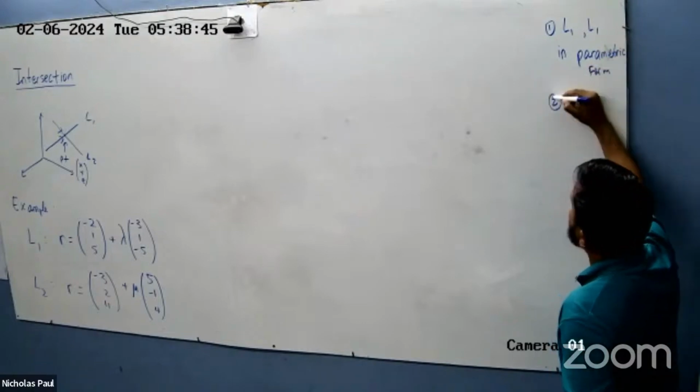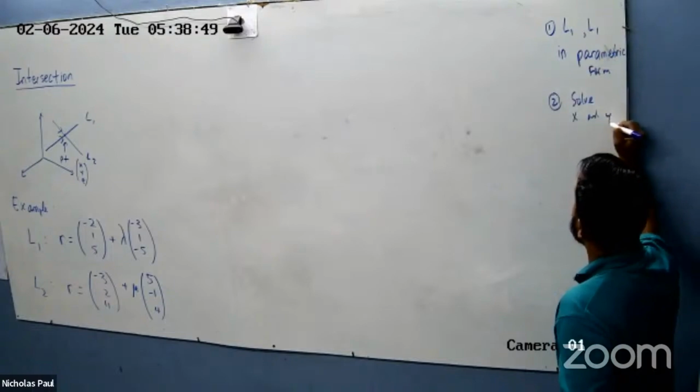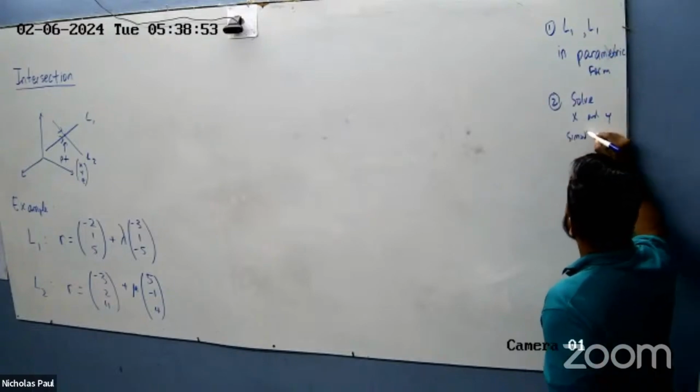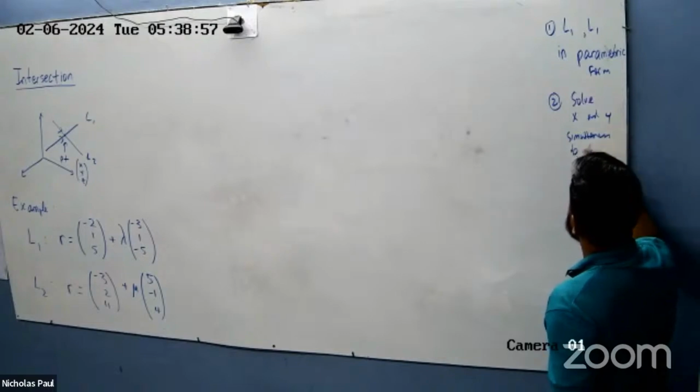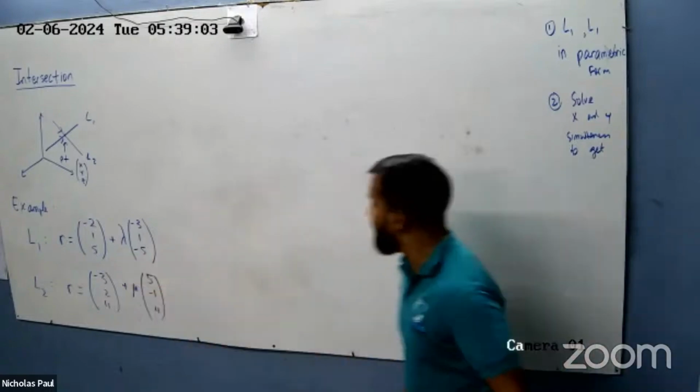After we do that, we are going to solve X and Y simultaneously to get lambda and mu.